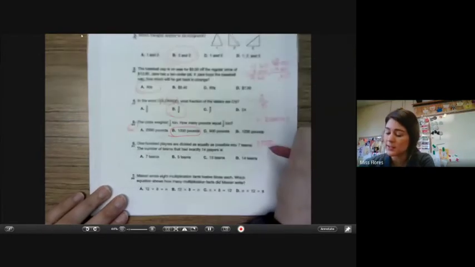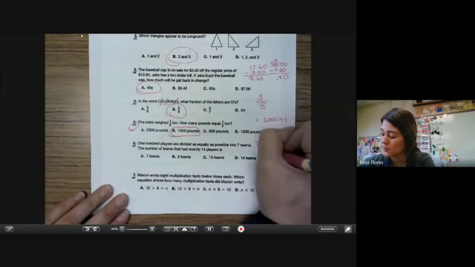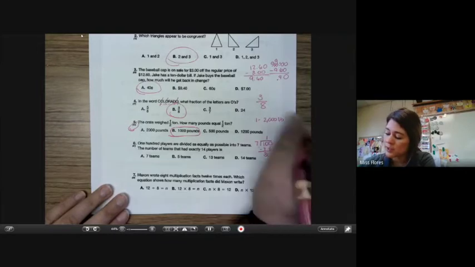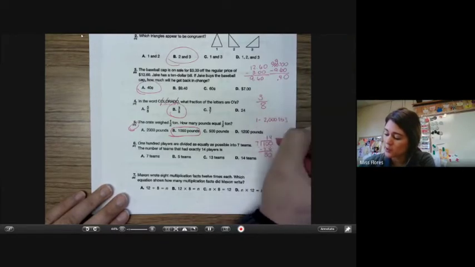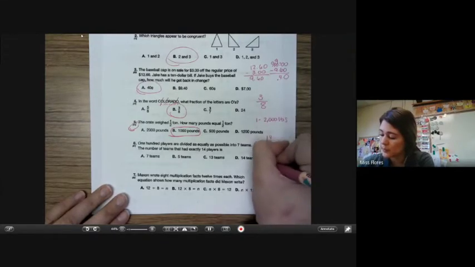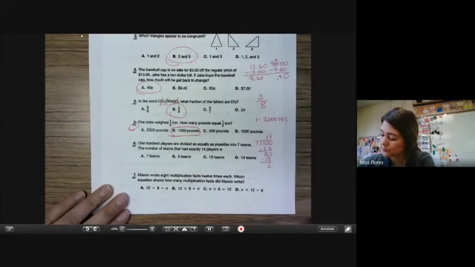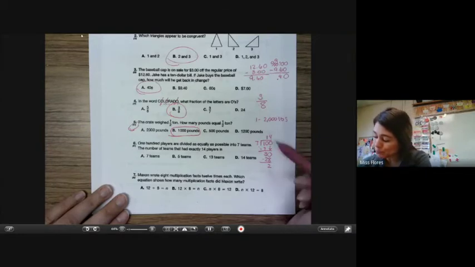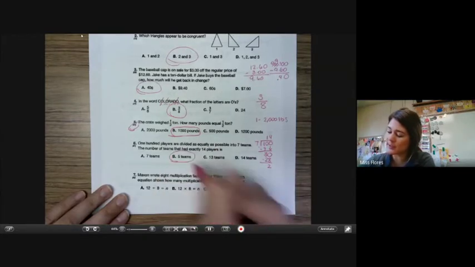So 7 goes into 10 one time. 10 minus 7, we get 3, and we bring down the 0. 7 goes into 30 4 times. 7, 14, 21, 28, and we subtract, and we get 2. So if we're doing 7 teams, then that means that 2 teams will have 15 in them. So 7 minus 2 is 5. So we have 5 teams.